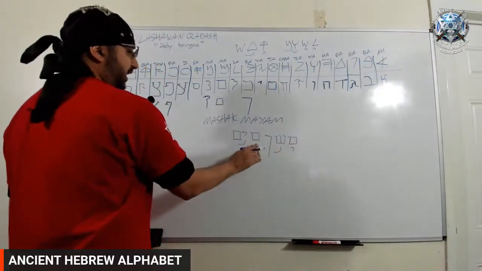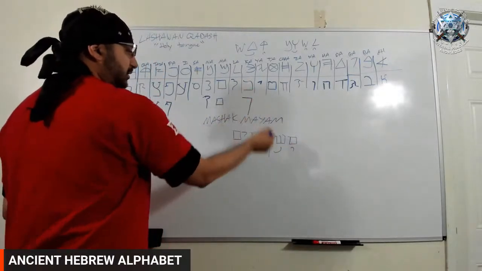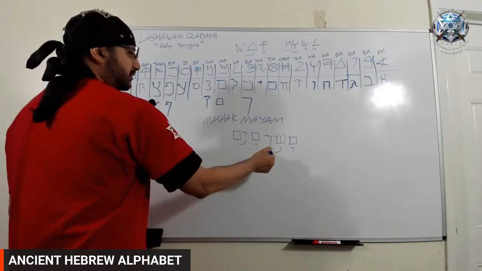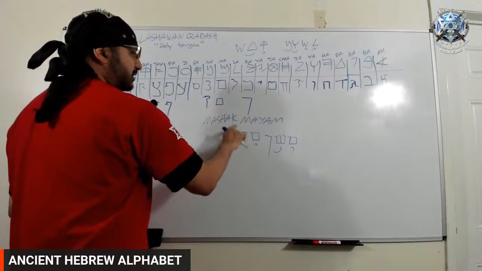Mashak. Again, that's the end ka, right? So I have the longer ka right here. So Mashak. Those are connected because that's one phrase. This is another phrase.